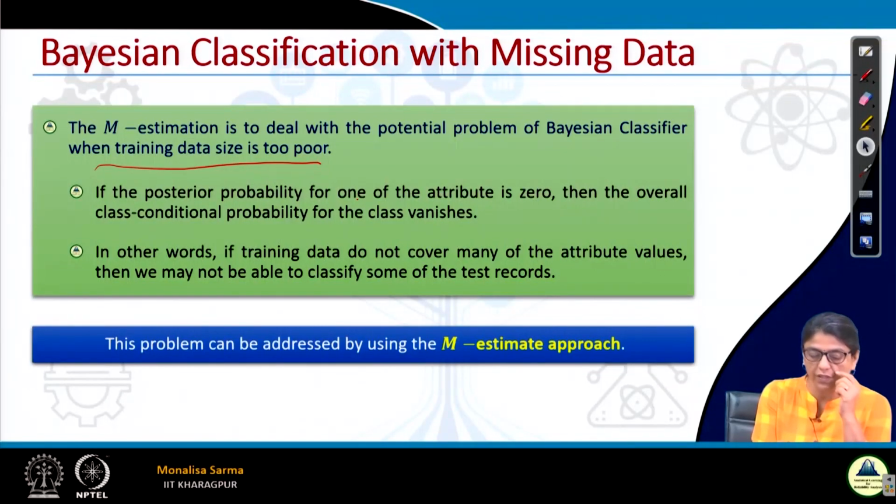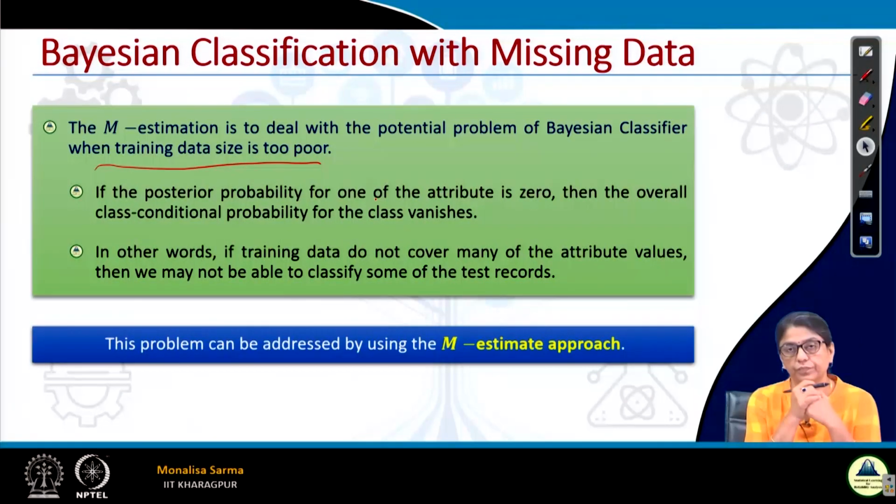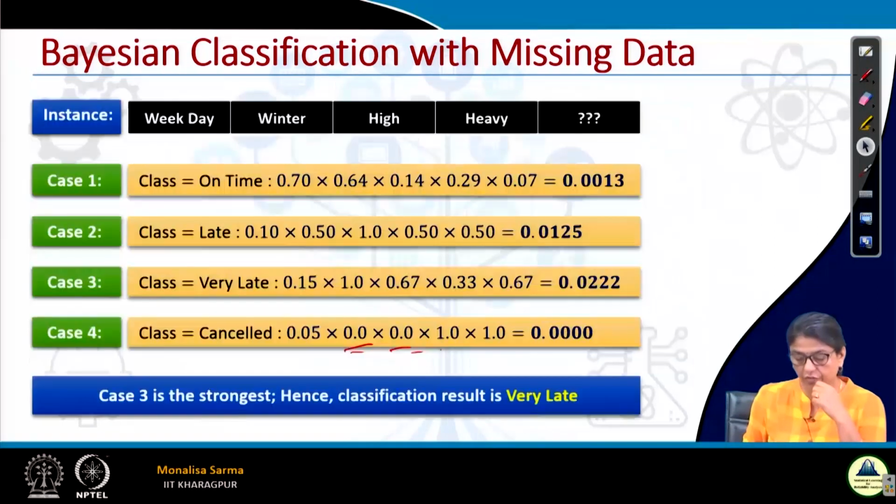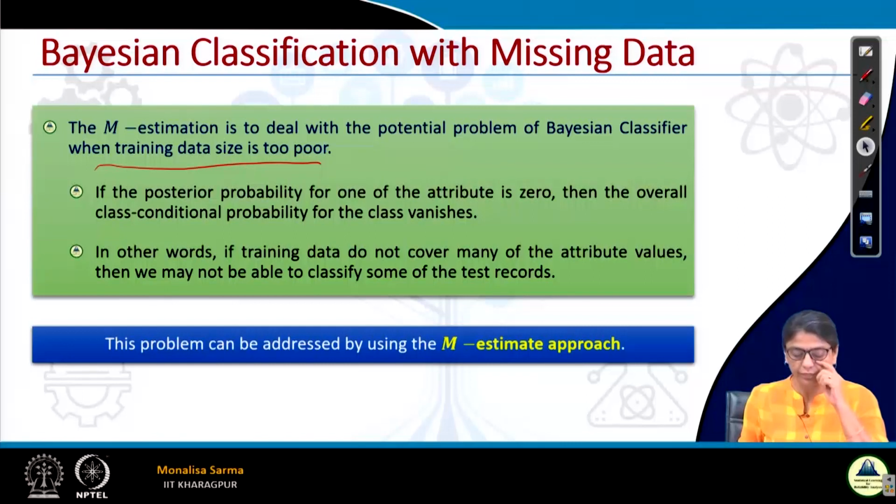If the posterior probability for one of the attributes is 0, then the overall class conditional probability for the class vanishes. Why did we get 0 here? Because the posterior probability of one of the attributes was 0.